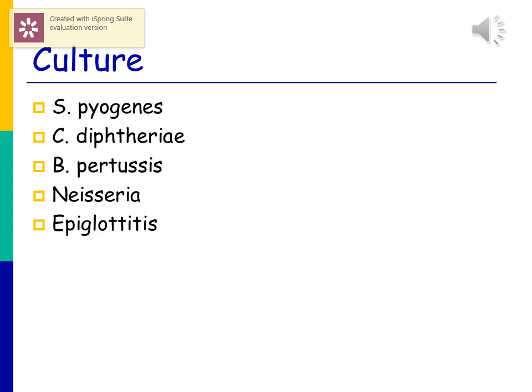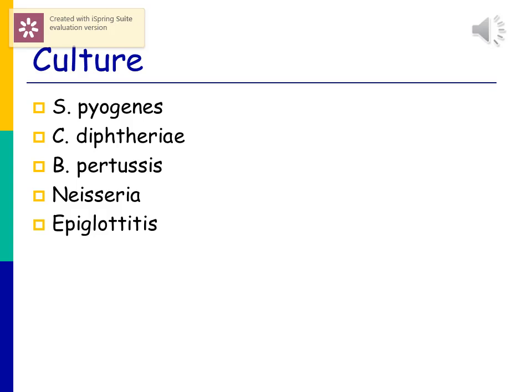Culture is going to be the most common thing to do for an upper respiratory tract specimen as opposed to a direct examination. And what you'd be looking for in an upper respiratory tract specimen most commonly is going to be Streptococcus pyogenes.